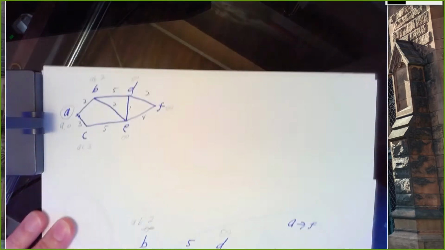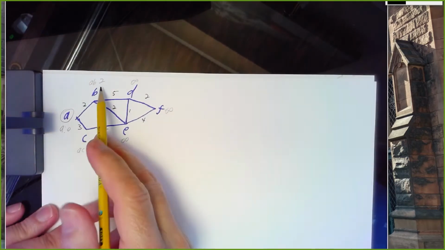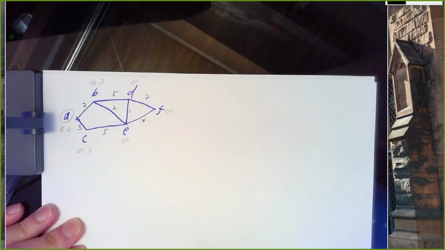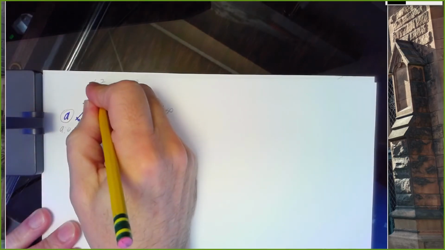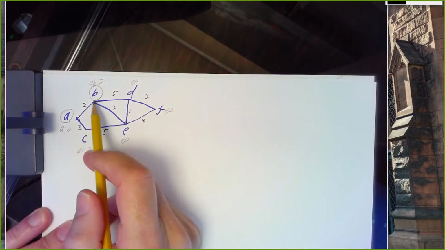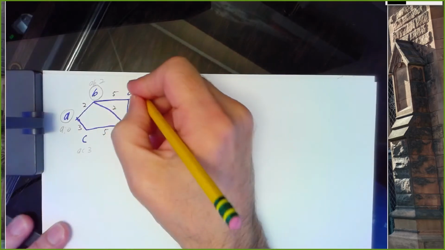All right. So we visit the closest node to our collection of visited nodes. This is a node with a distance of 2, this is a distance of 3, all of these are infinity. B is the closest node, so we're going to visit that. So I circle that to say we're visiting that node now. And now we relax the adjacent nodes to B. So we don't relax a node we've already visited, but 2 plus 5 is 7, that's better than infinity.